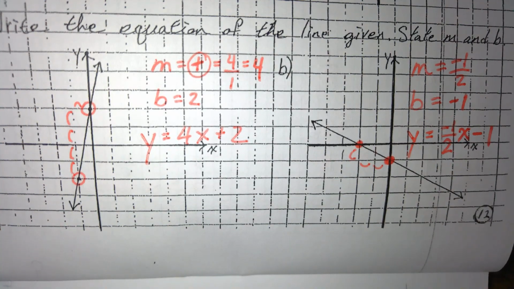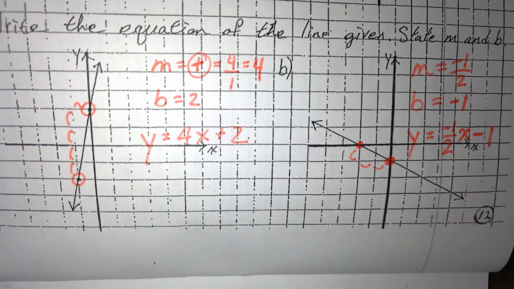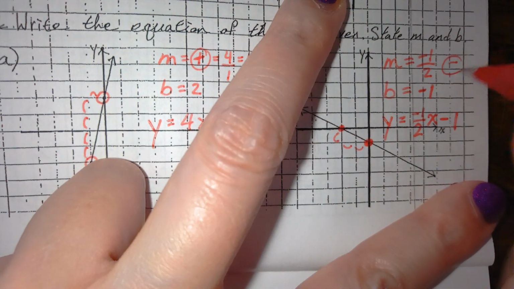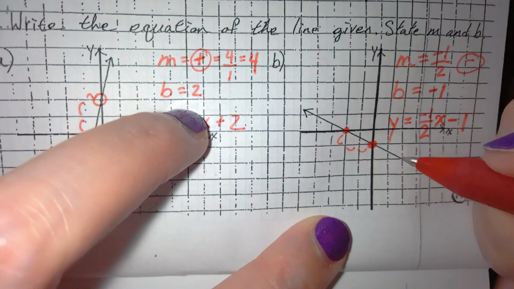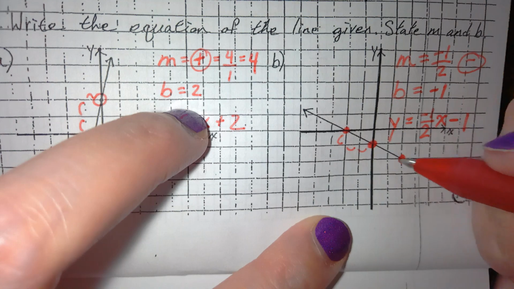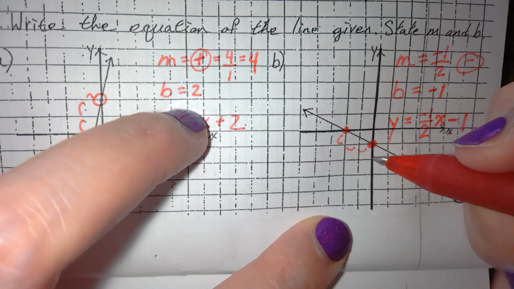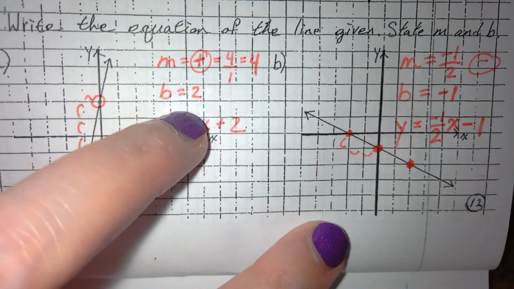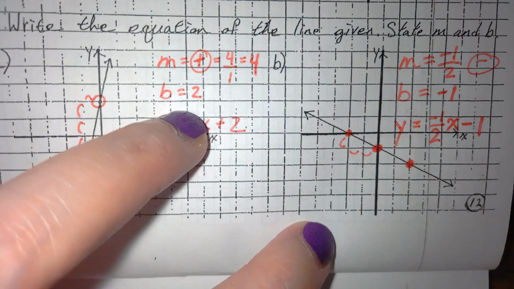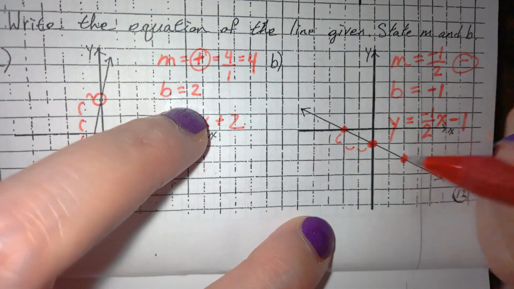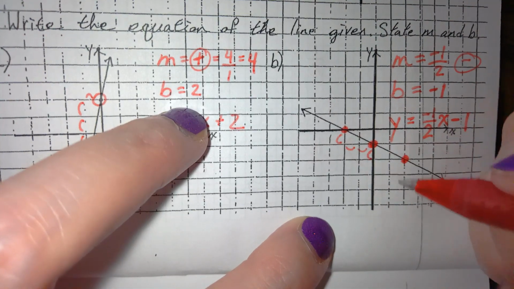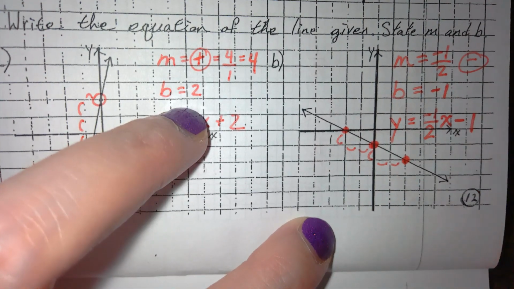Why is it -1/2? Again, direction of the line. I know it's negative slope, but you don't have to go from B. For example, I could have chosen these two points, so then it would be down 1 and 2 to the right. You don't have to start from B. You just choose any two points on the line. Let's say I go from this point to this point, I'm going down the elevator 1 and then 2 doors to the right.